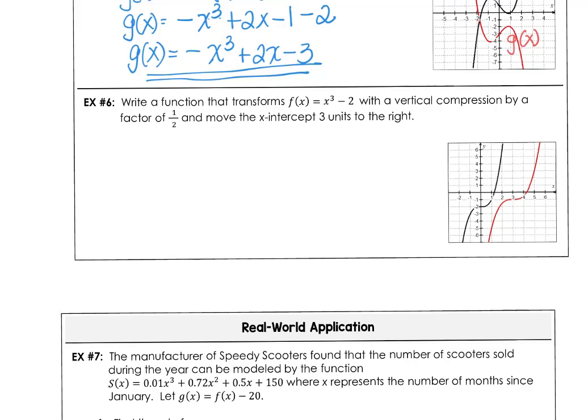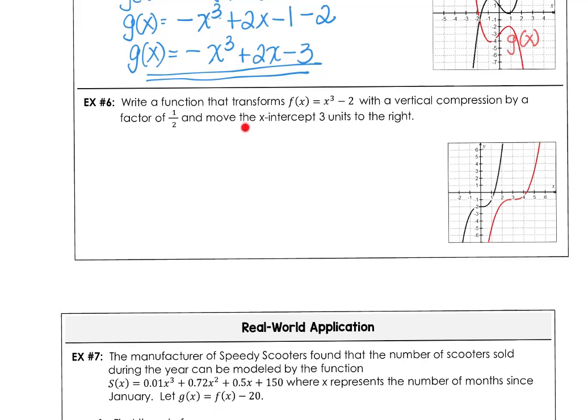So now let's look at example 6. Write a function that transforms y equals x cubed minus 2. That's the graph in black here. And we want a vertical compression by a factor of 1/2, and we're going to move the x-intercept 3 units to the right.